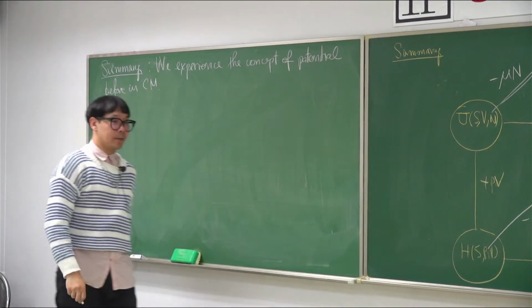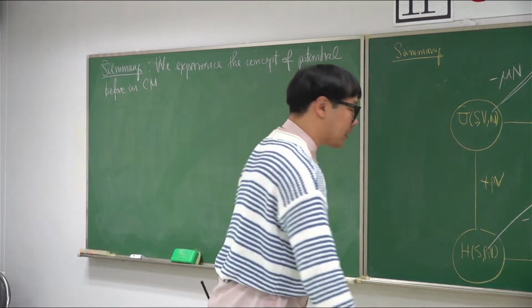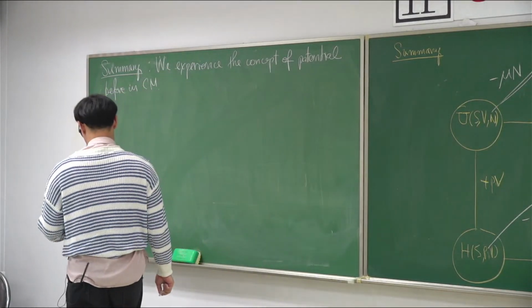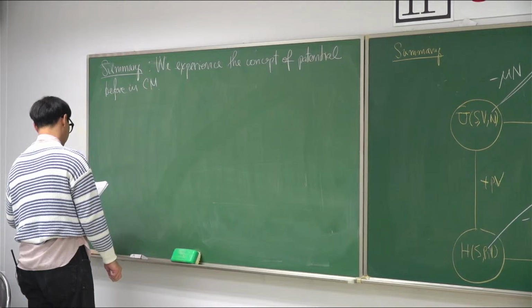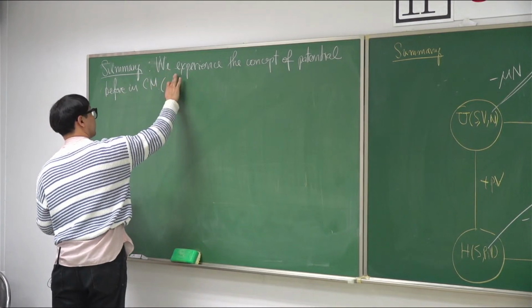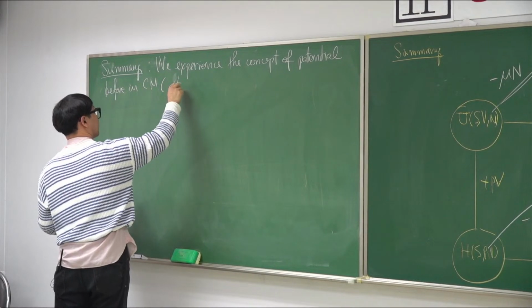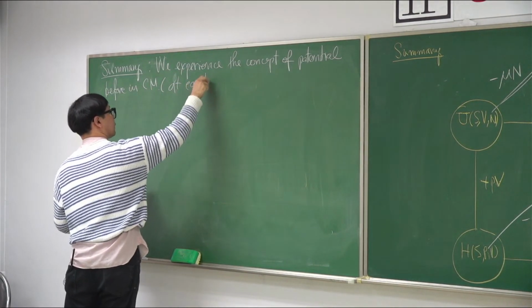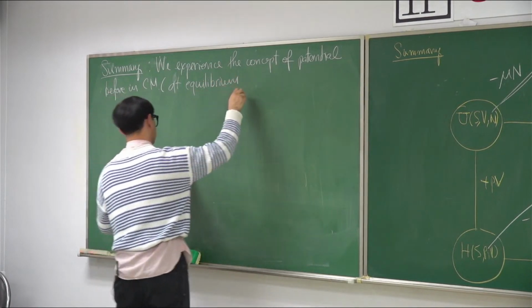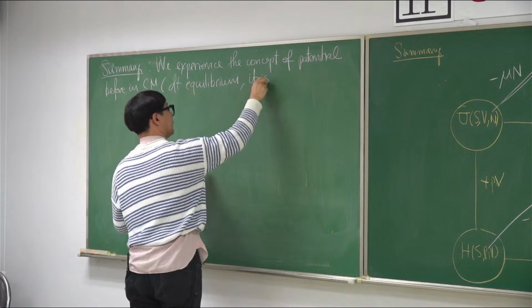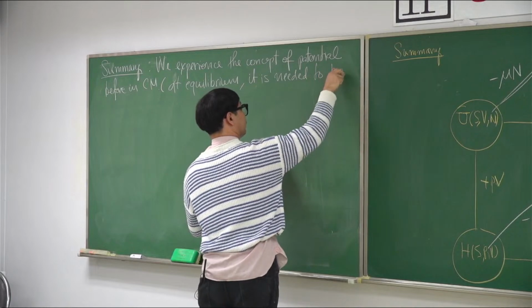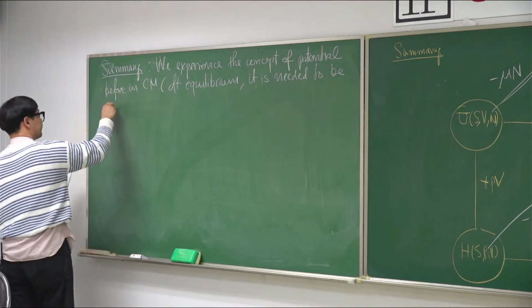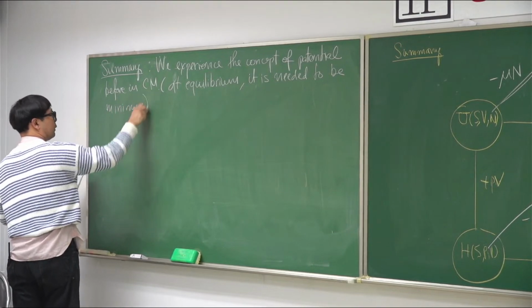So we experienced the concept of potential, right, before in the classical mechanics, right? At equilibrium, it is needed to be minimum, right?